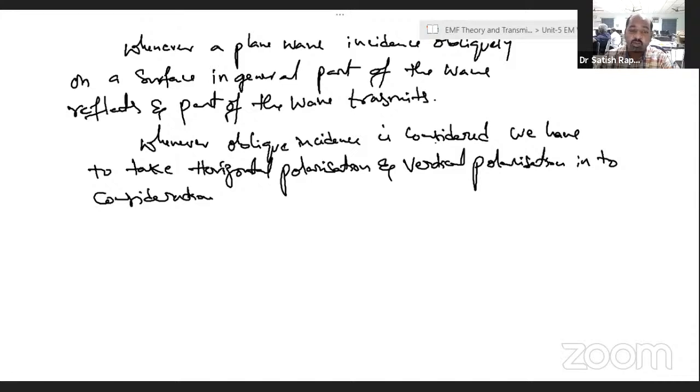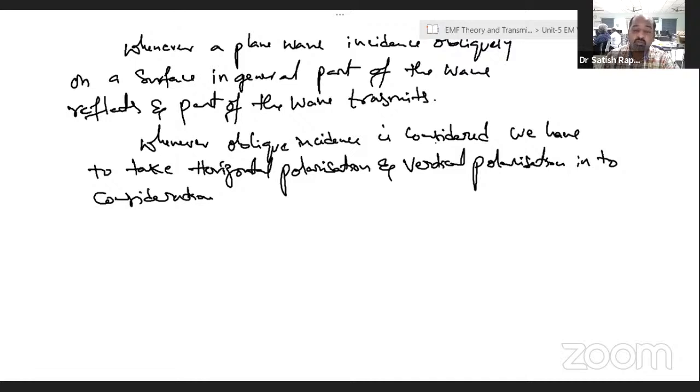So whenever a wave is incident obliquely, automatically that wave makes some angle with the plane of incidence, and some angle with the vertical line with respect to the plane of incidence, right?